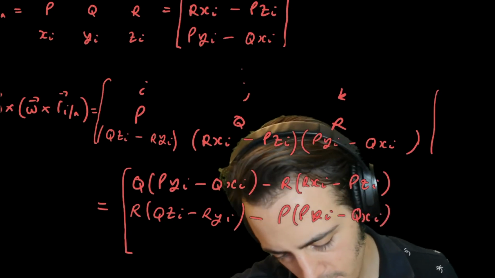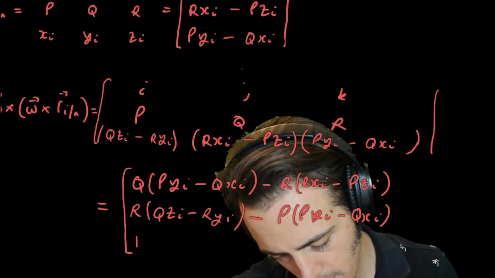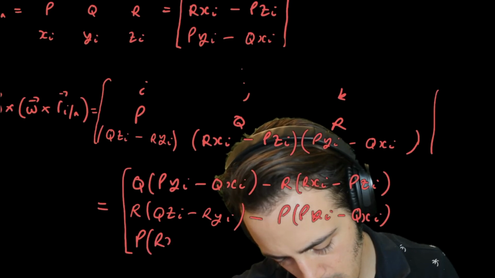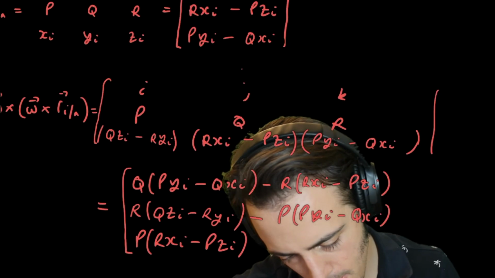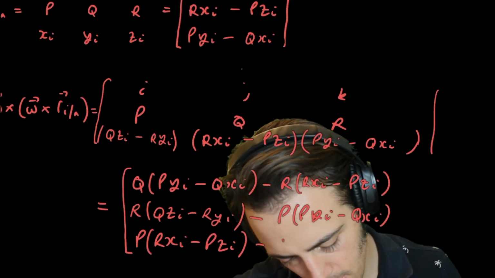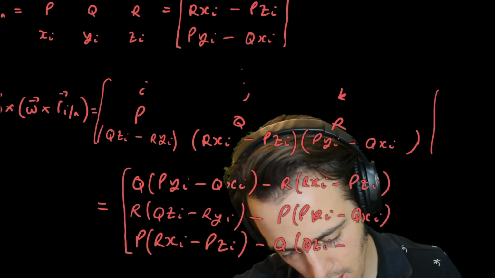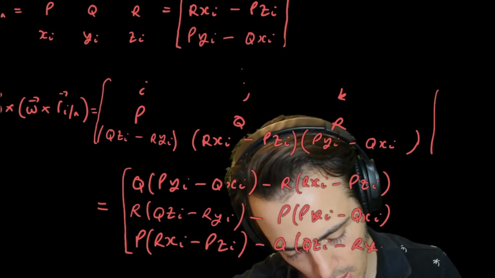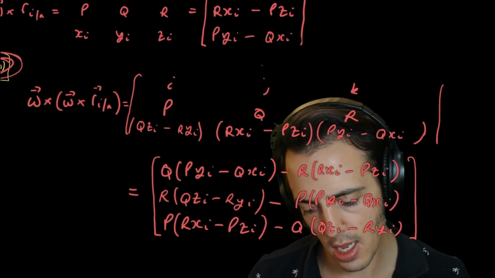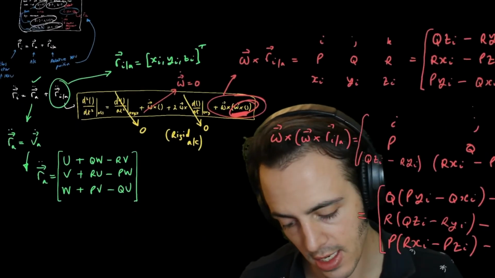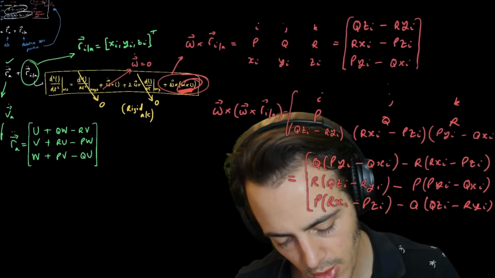And then this last row, we get p rxi minus pzi, minus qzi minus ryi. So effectively this is the entire term for r double dots.